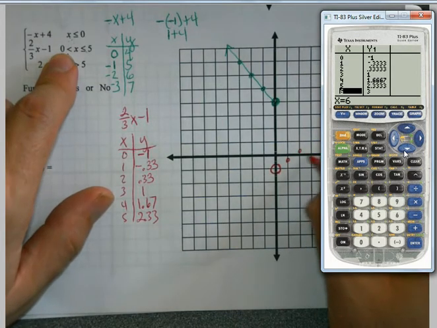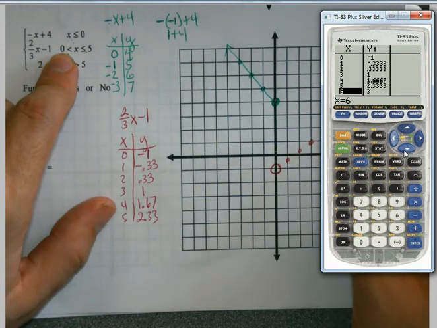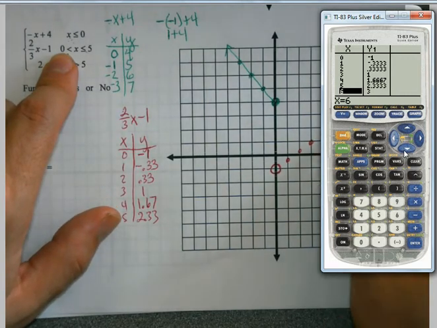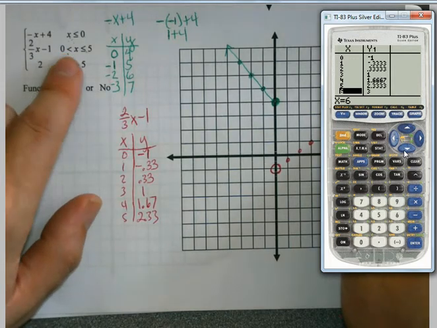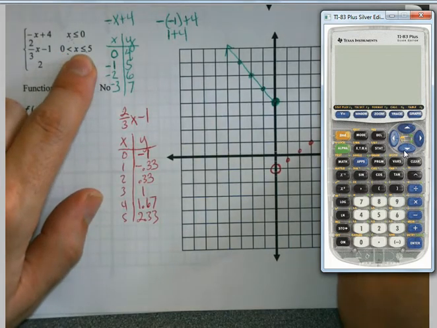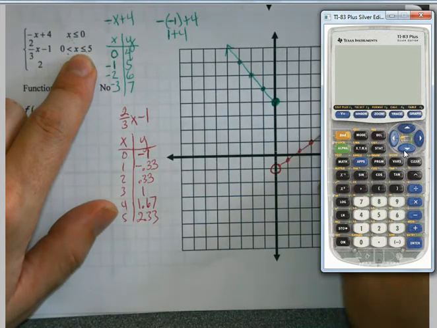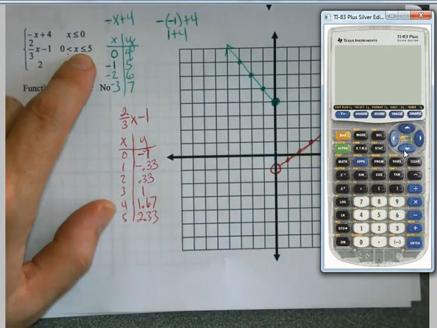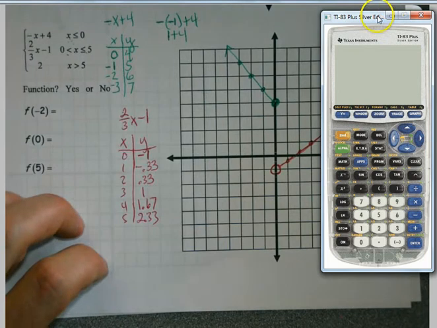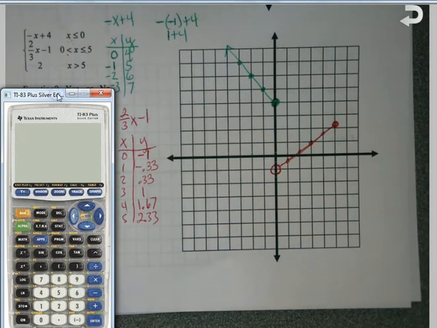And again, I'm not going to be perfect on my accuracy, but I should see something that somewhat resembles a line. And then when I get to my last one at 5, I see it's or equal to. So that's closed. And I'll connect the dots once I move the calculator out of the way.